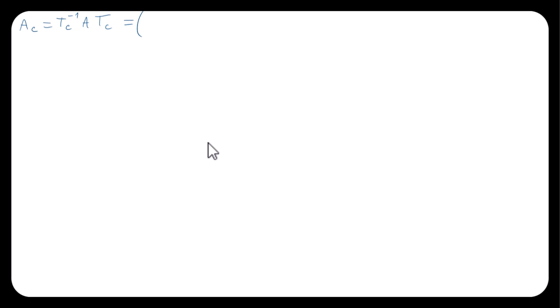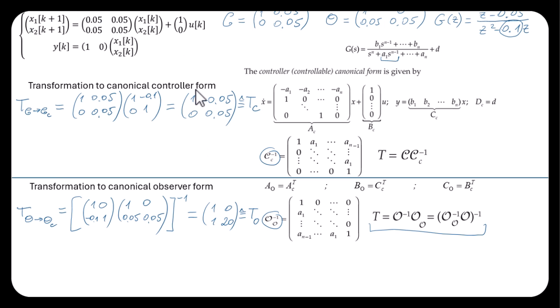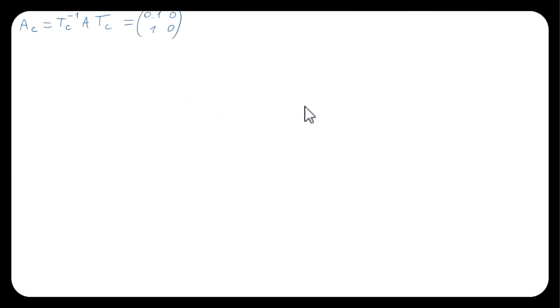And this will be, as expected, 0.1, 0, 1, and 0. If you're looking at the previous formula, this is exactly what you're supposed to get. The a1 coefficient here is negative 0.1, the a2 coefficient here is 0, the free coefficient, and 0 here as well. So this is exactly what you get here, 0.1, 1, and 2 zeros.